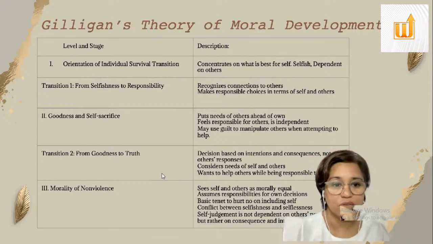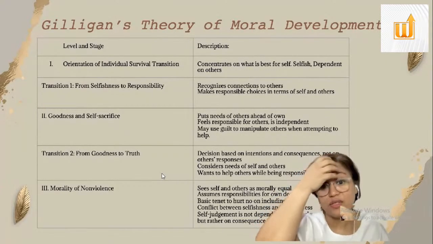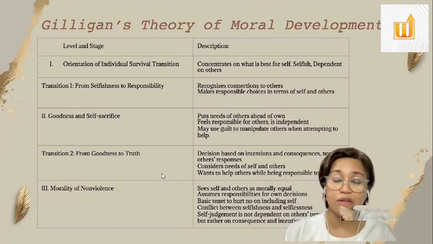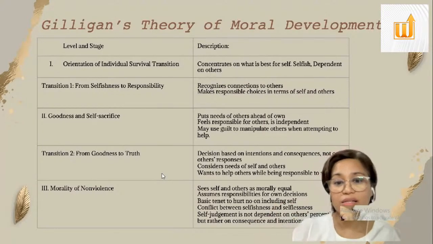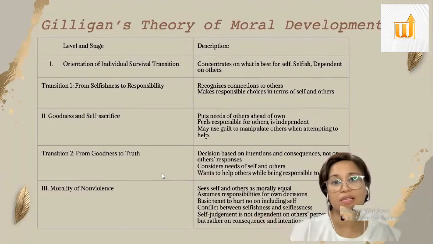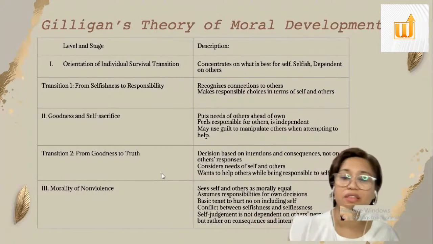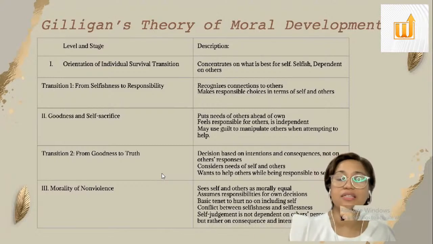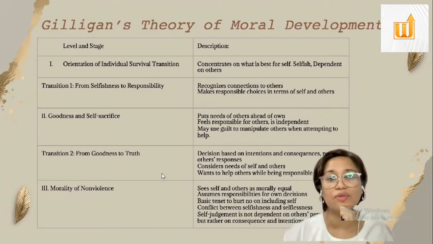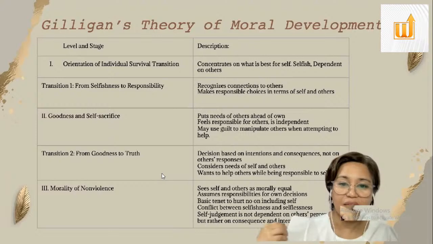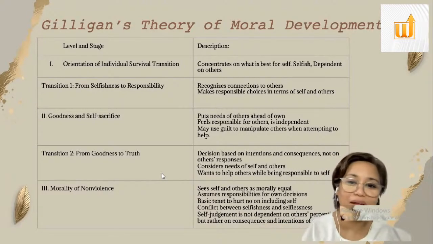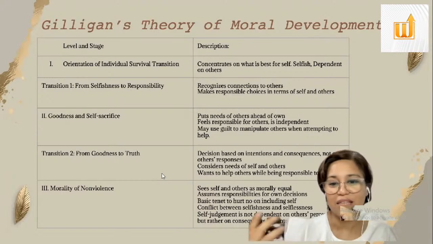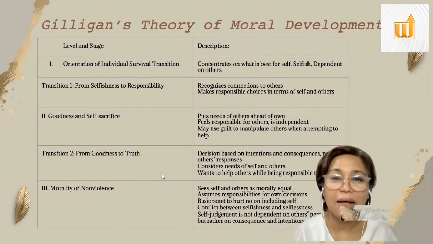And then the last stage would be morality of nonviolence, where the person sees the self and others as equals and assumes responsibility and accountability for their own decisions. So the basic tenet here is not to hurt others, including the self, and the conflict is, of course, going back to level one, selfishness and selflessness.